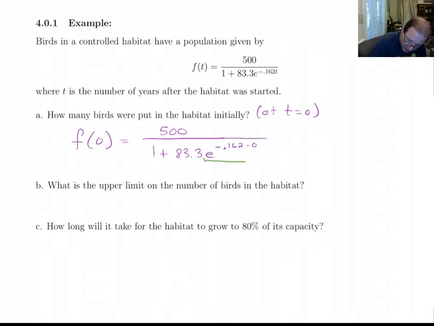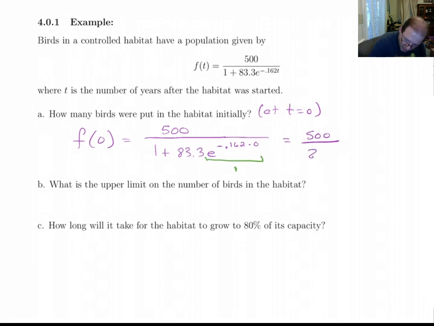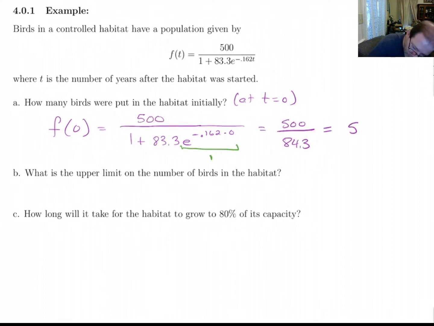Well, e to the 0 is just 1. So this is 500 over 84.3. And when I put that in my calculator, 500 over 84.3, I get 5.93, which I'm going to say is 6 birds.